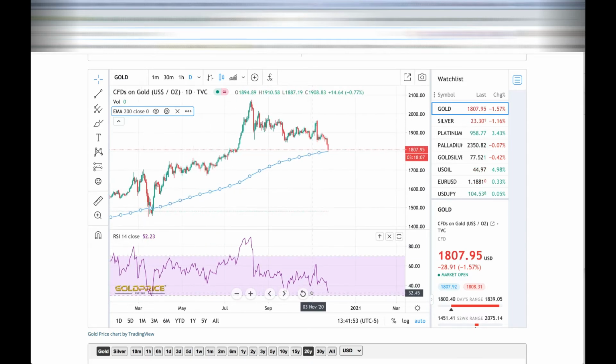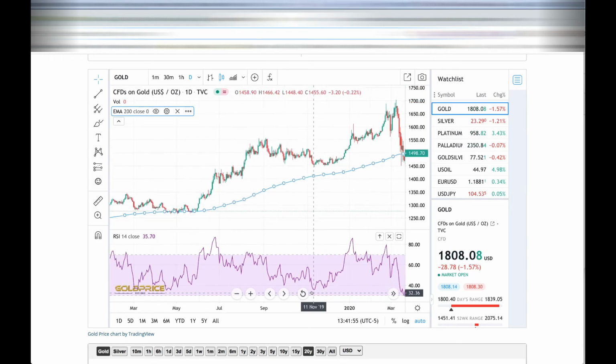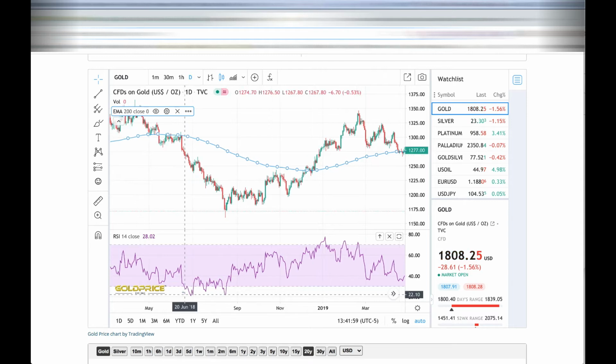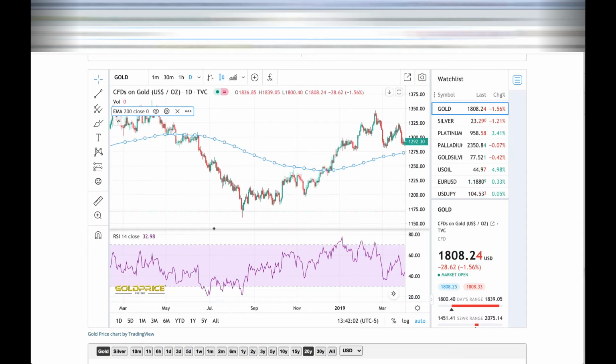Now, any point that goes below 32 is an extreme buying opportunity. You can see here that in the period in August 2018, when gold was probably at its lowest point, the RSI is sub 30.